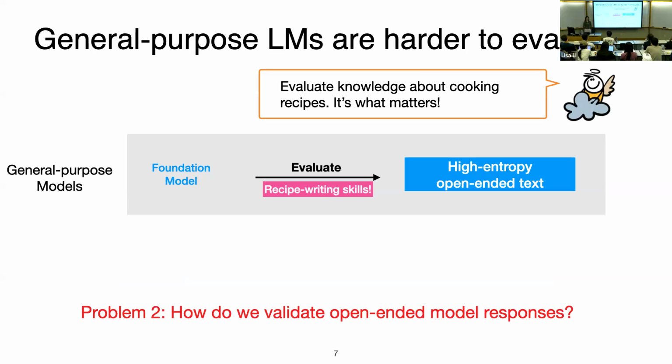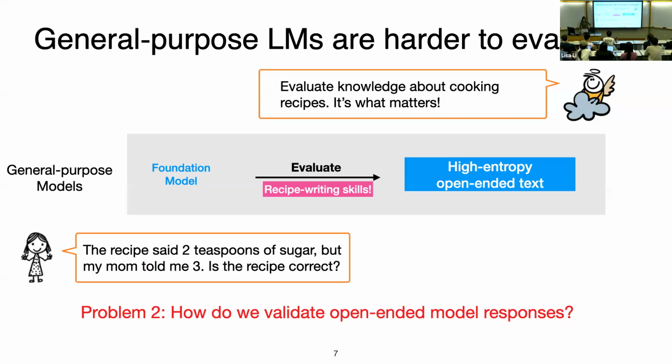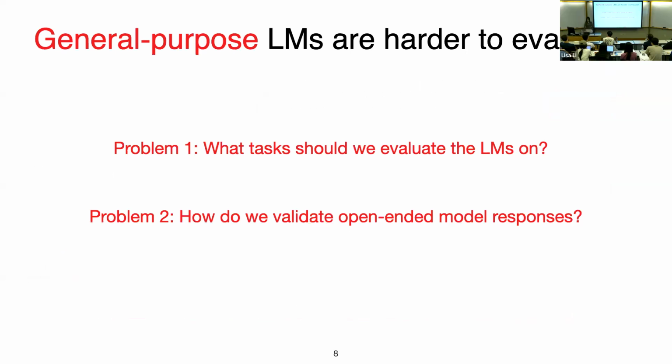For example, there could be multiple ways of cooking Kung Pao chicken. Some recipe may say that you should add 2 teaspoons of sugar, but like this little girl's mom would say, well, maybe you should add 3. So is the recipe correct? Maybe it is. Maybe the small delta in sugar amount doesn't really matter, but maybe it does. This is exactly what makes judging the model responses pretty hard because there is no single standard.